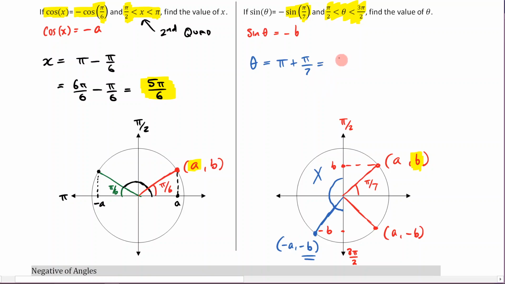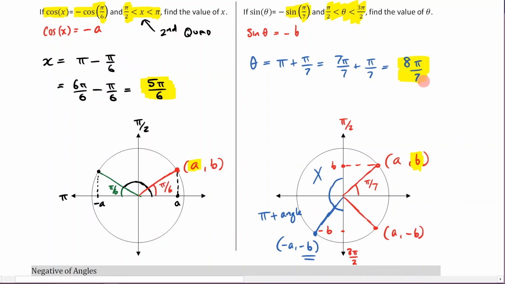So that's going to leave me with 7 pi on 7 plus pi on 7 is equal to 8 pi on 7. So that's all based on my knowledge that I know that this right here is going to be pi plus the angle that I've been given. And that's what I know about the third quadrant. That means my answer here is going to be this one.